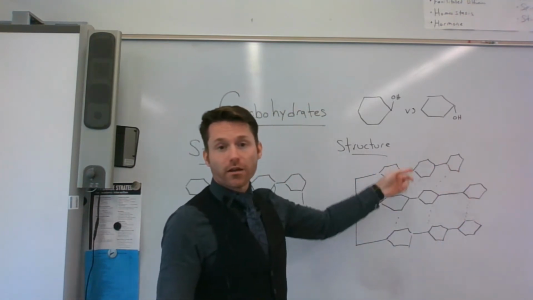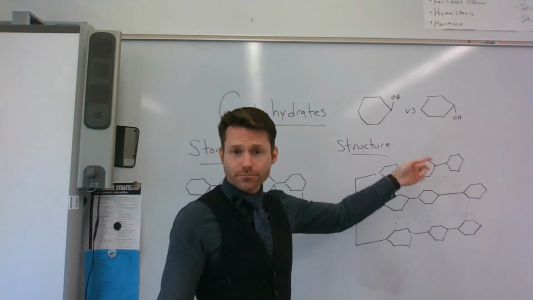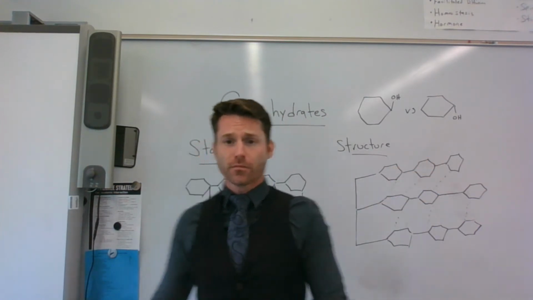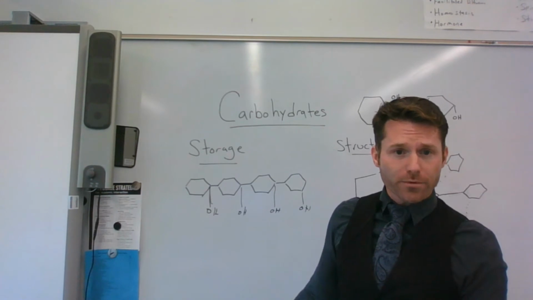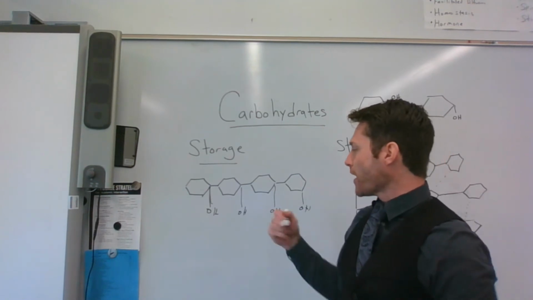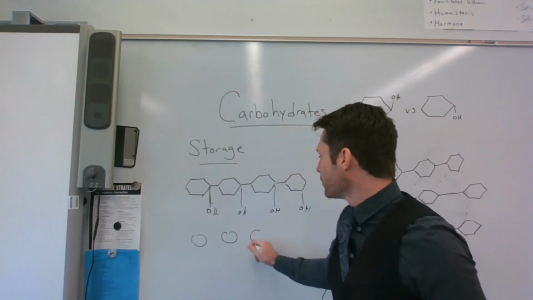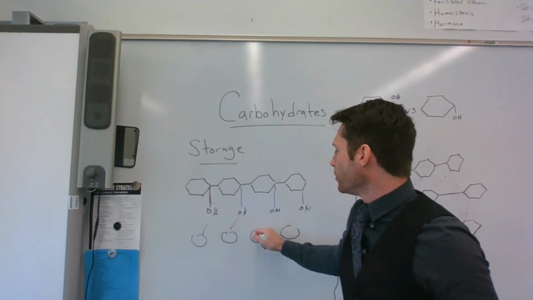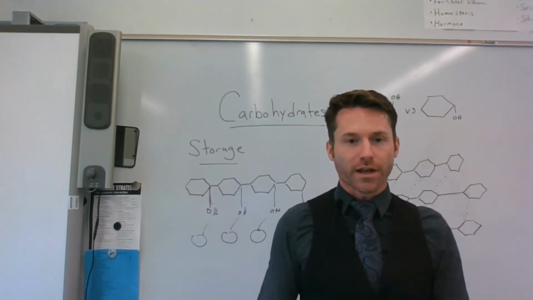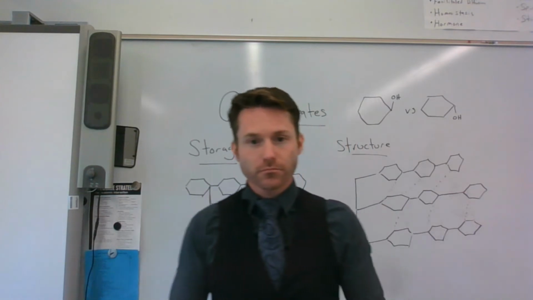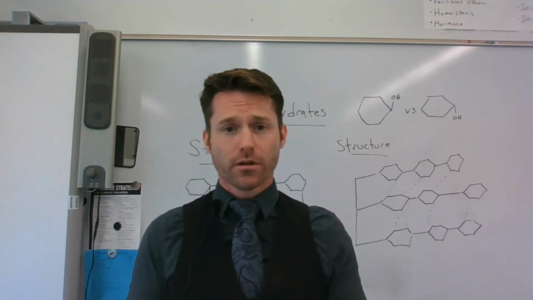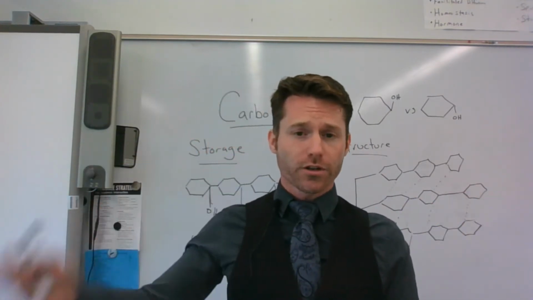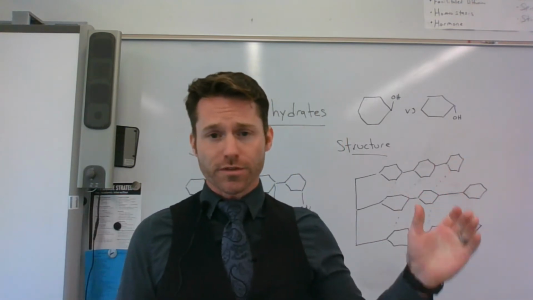And that way, the ups and the downs can connect and form hydrogen bonds. Over here, they don't have that option. Right? At the very best, you could form like a 2-row setup. So carbohydrates: structural, storage, stores energy, forms structures.